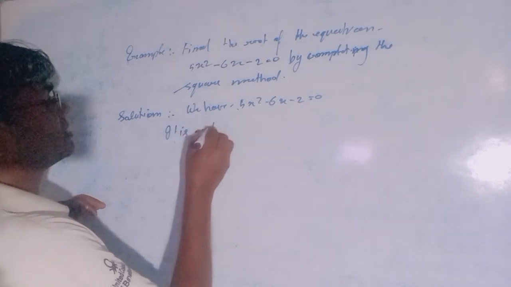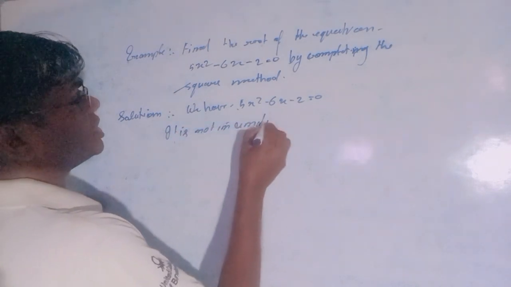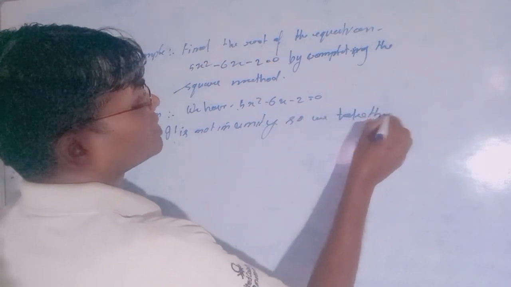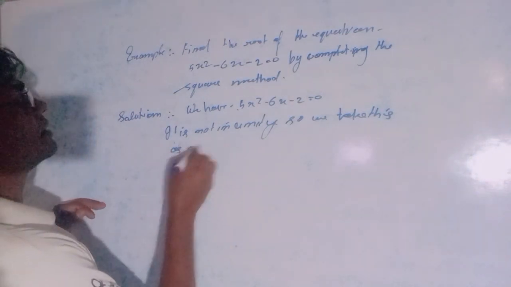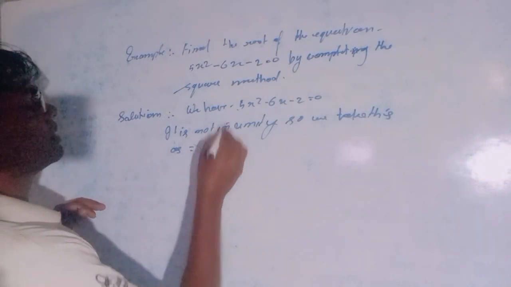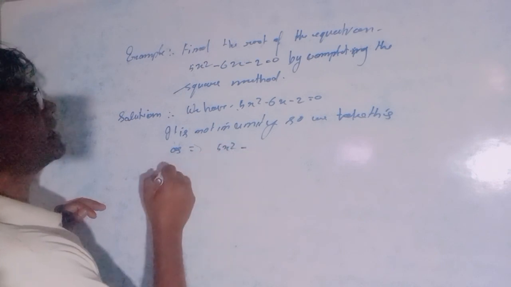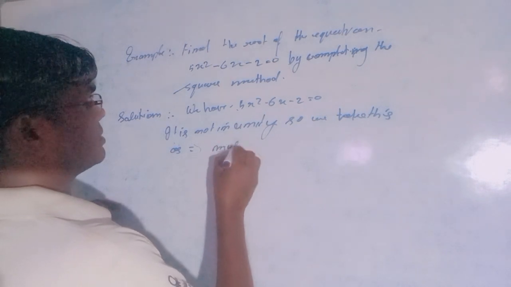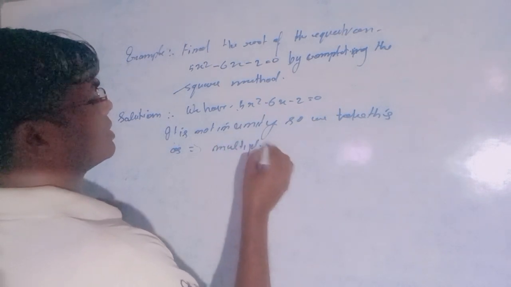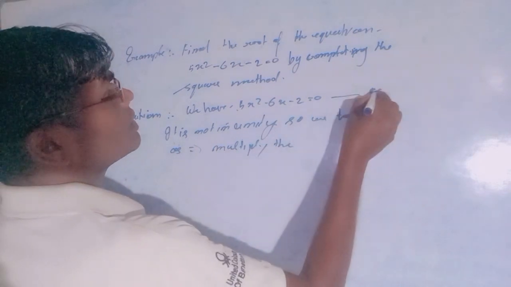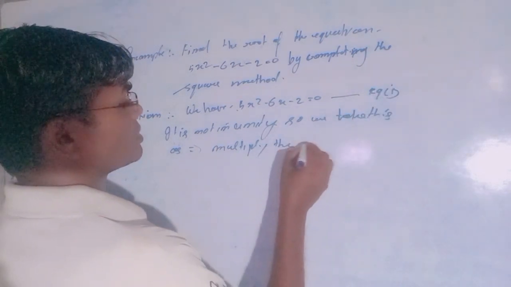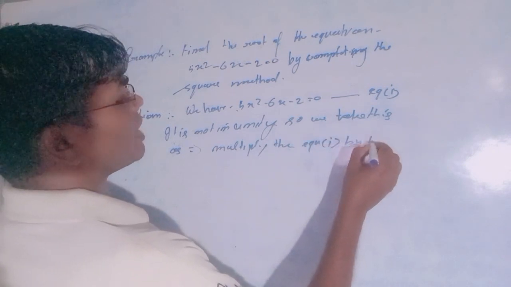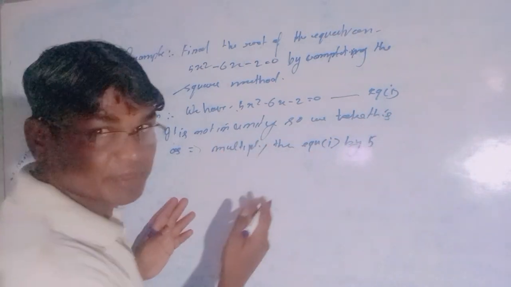It is not in unity, so here we have 5x square minus 6x, and let's multiply the equation first by 5.